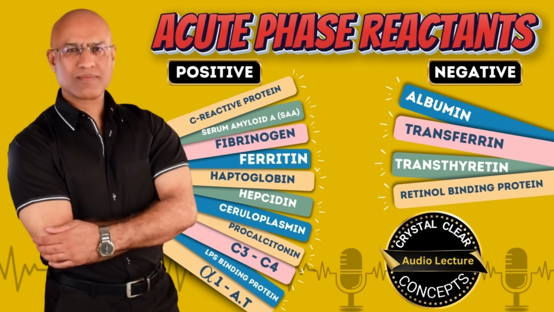We can say C-reactive protein levels in the blood follow the fluctuations of the inflammatory process very accurately. If inflammation is going up, C-reactive protein levels will rapidly increase, sometimes 1000 times more than normal. And if inflammation is going down, C-reactive protein levels will rapidly go down.